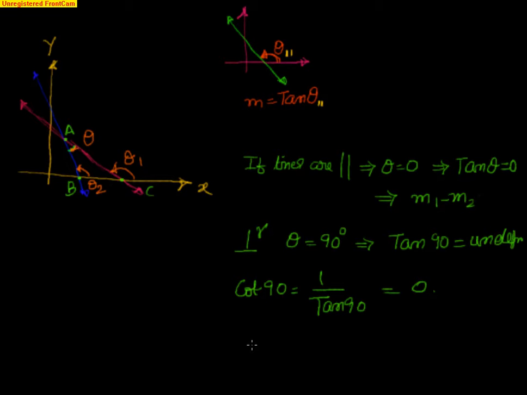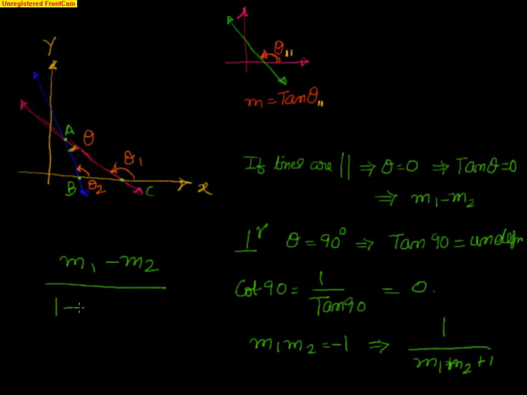What is the condition for perpendicular lines? m1 m2 equal to minus 1. That means m1 m2 plus 1, right? Because we are looking for cot 90. So the formula should be, for 0 it should satisfy m1 minus m2. For 90 degrees it should satisfy 1 plus m1 m2. So that is the form of the tan theta.